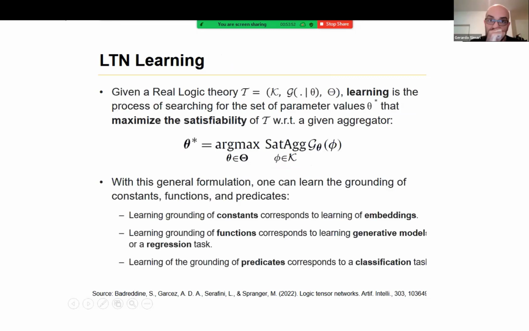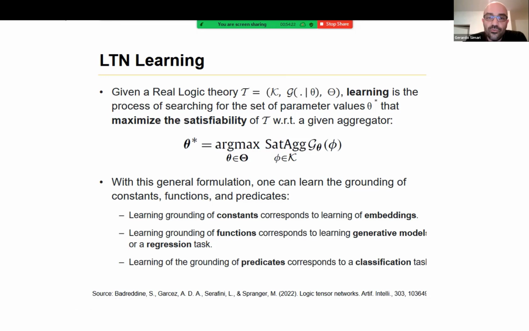So learning then is the process, as usual, of searching for the set of parameter values theta star that maximize this satisfiability with respect to a given aggregator. So SAT-AG now is what you're using to evaluate, and all you have to do is come up with a good enough or an optimal value for this set of parameters.